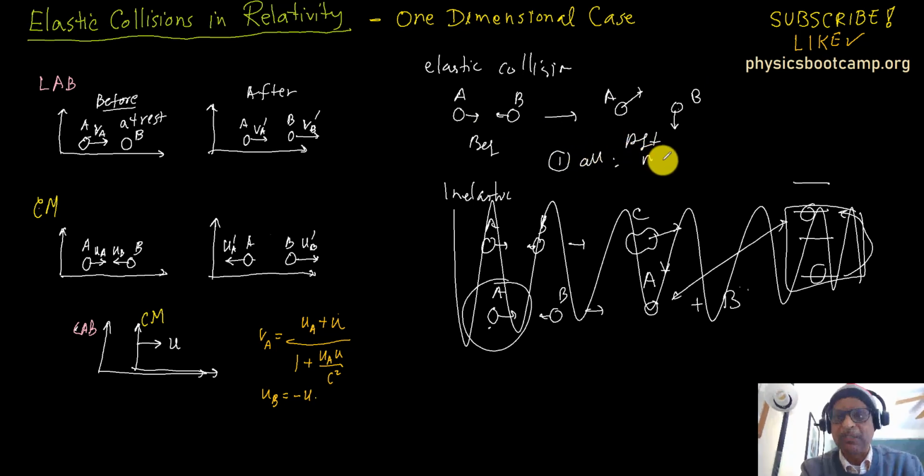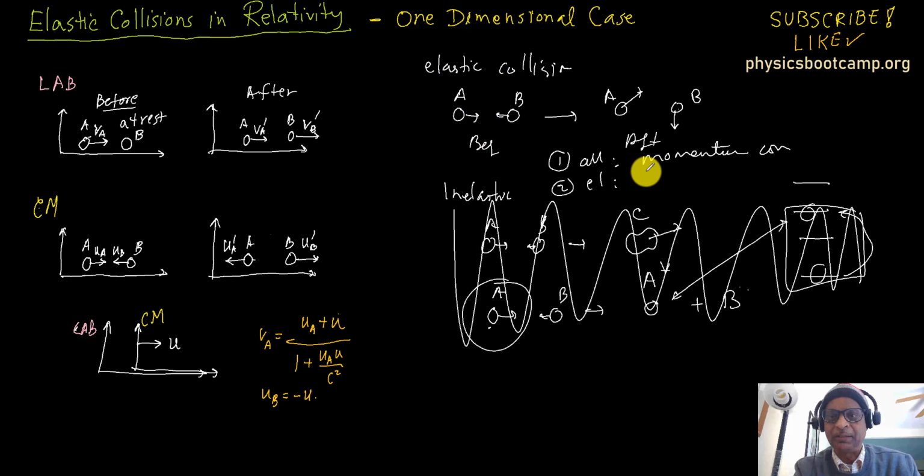you'll have momentum conserved. But in this case, in an elastic collision, you'll also have kinetic energy conserved. Kinetic energy before equals kinetic energy after. This is total kinetic. So you'll have two conditions.